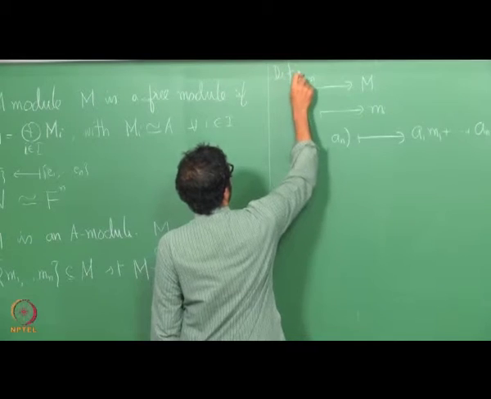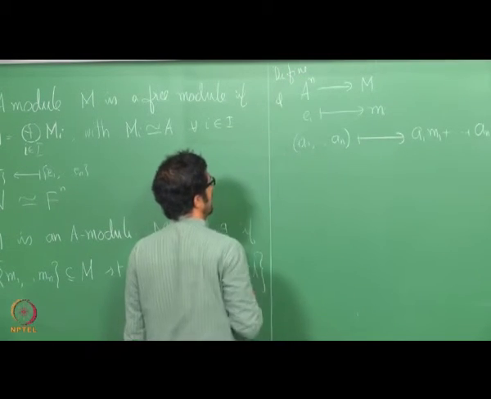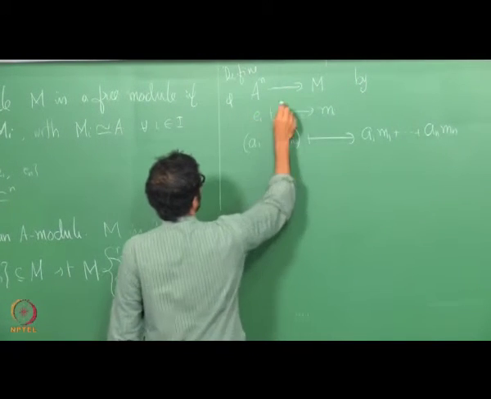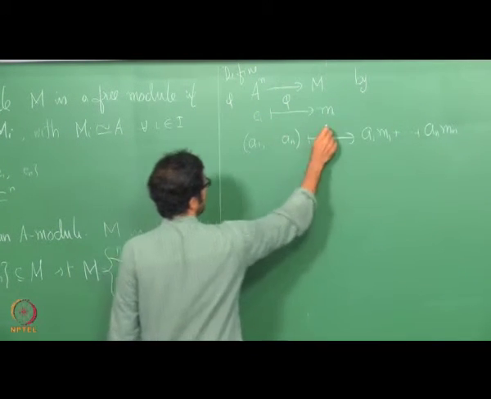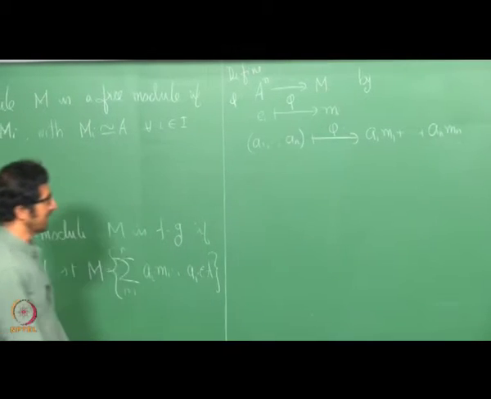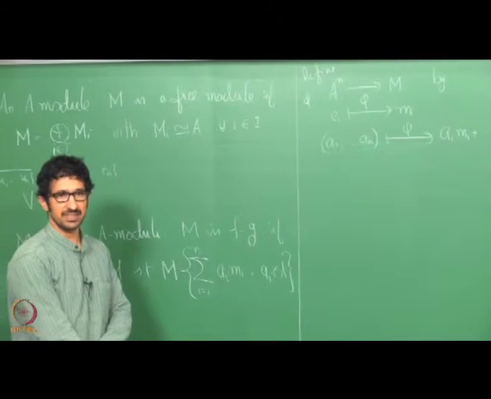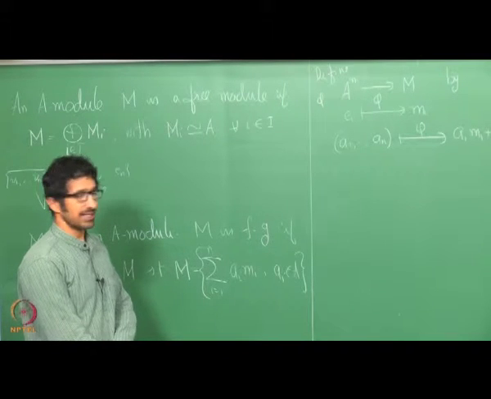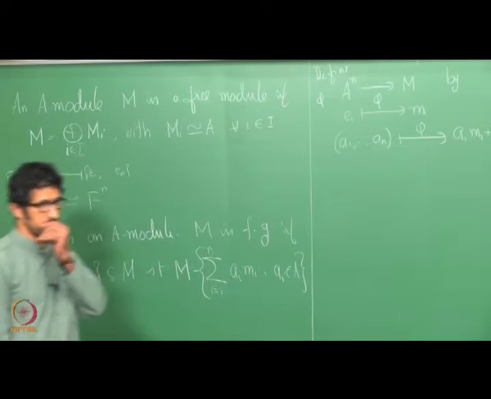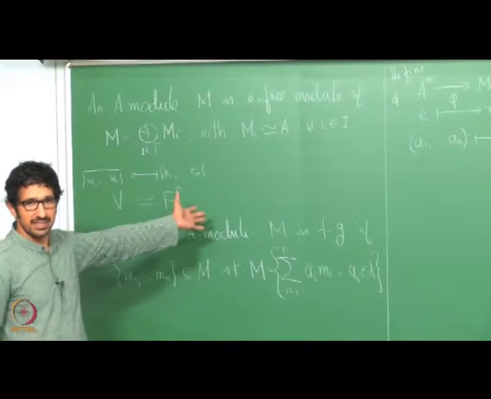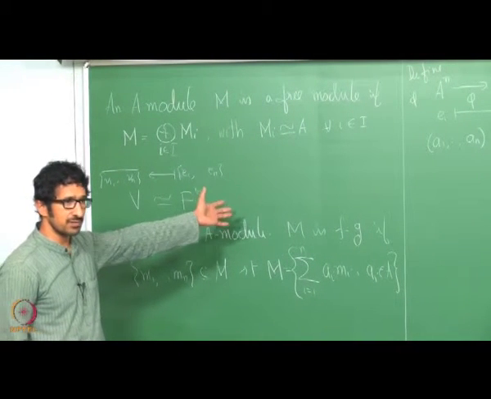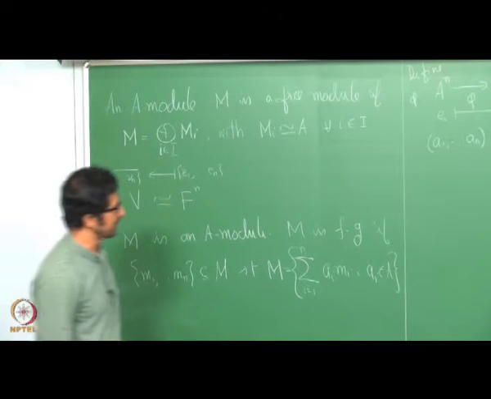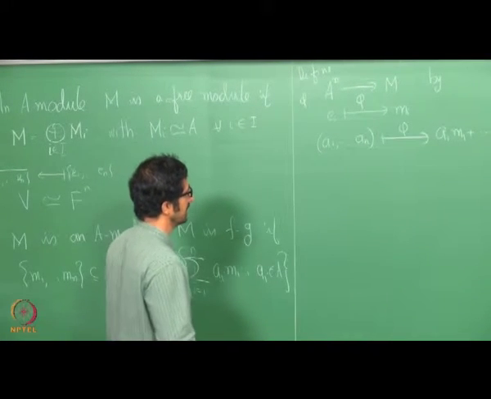Define phi from An to M by phi of any A1 up to An is A1 M1 plus etc. An Mn. This is again inspired by the definition of linear transformation in the case of vector spaces in a similar situation.